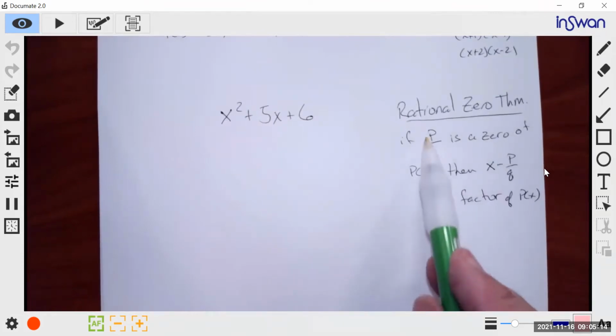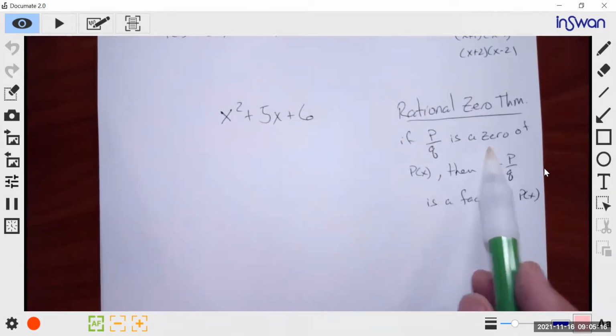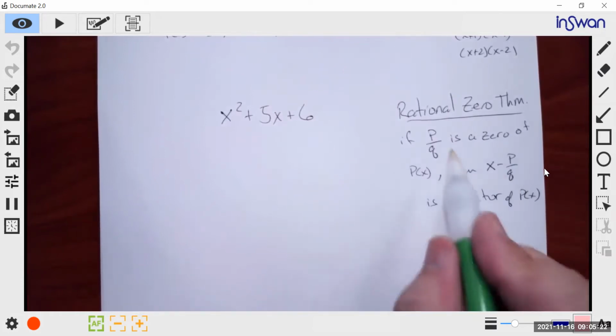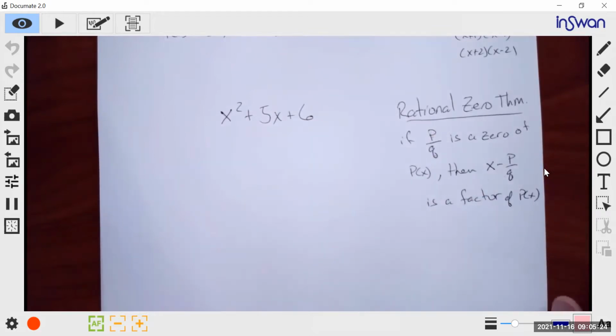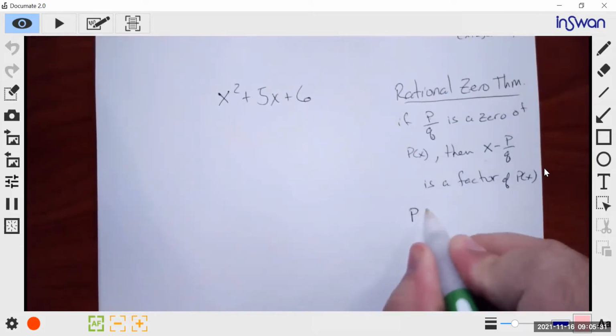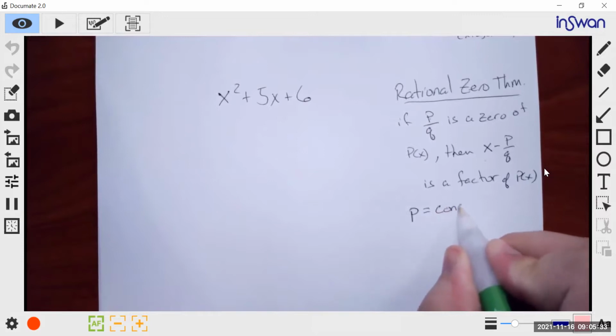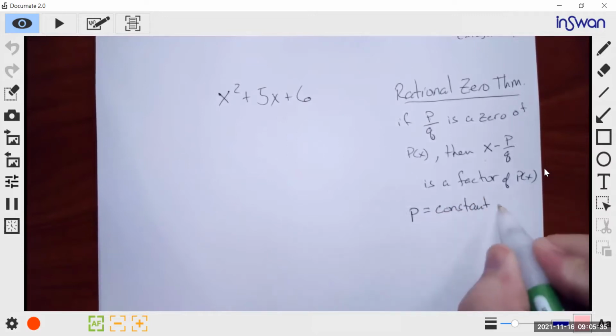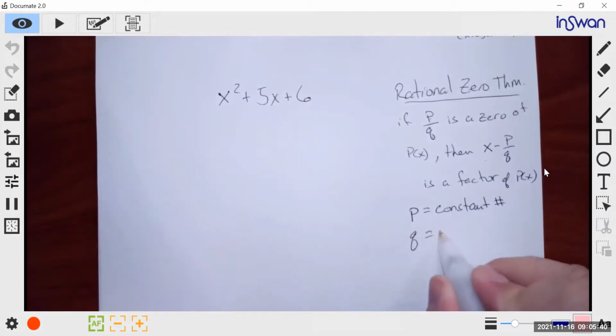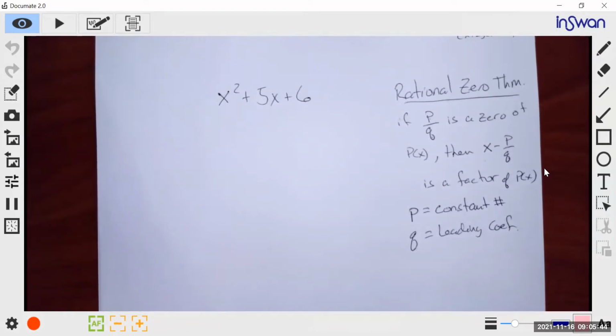So if we have a rational number and it's a zero, that means x minus that number is a factor. That's the stuff we've been doing all along. The question is, what are p and q? p is the constant number, and q is the leading coefficient.